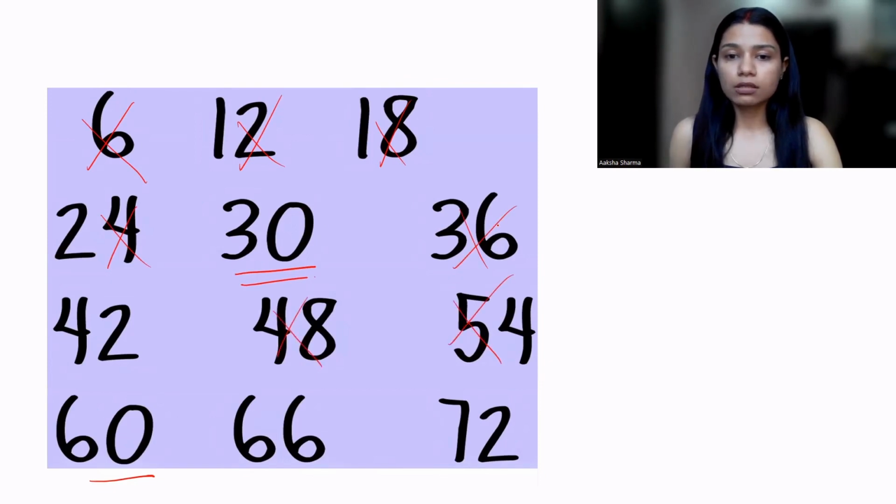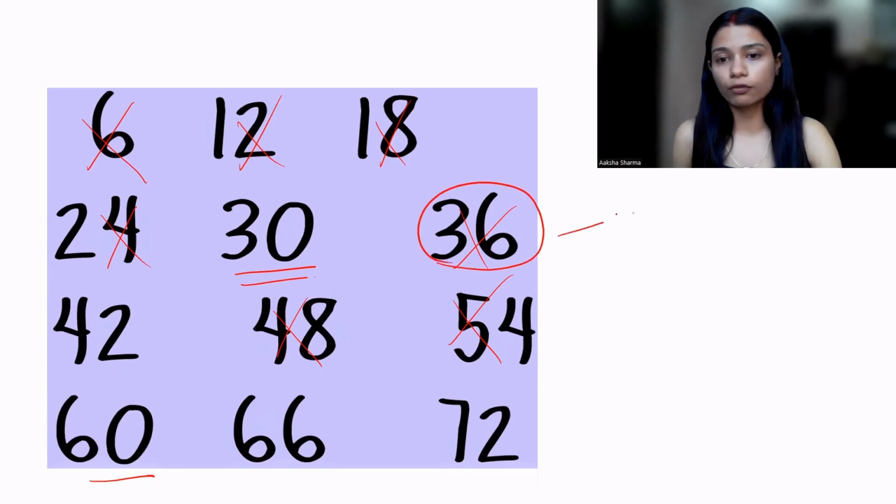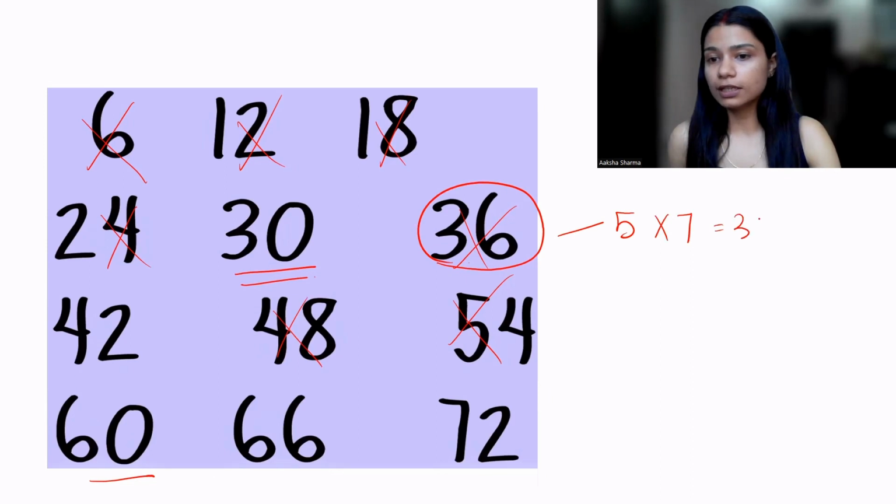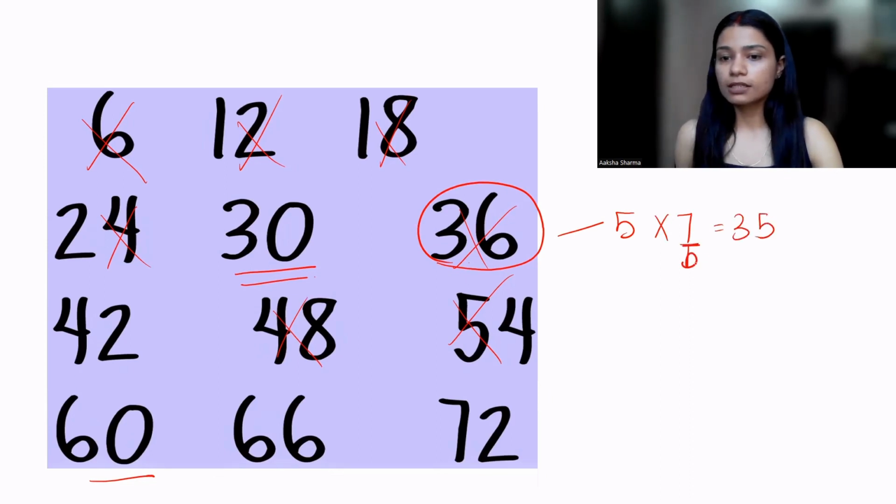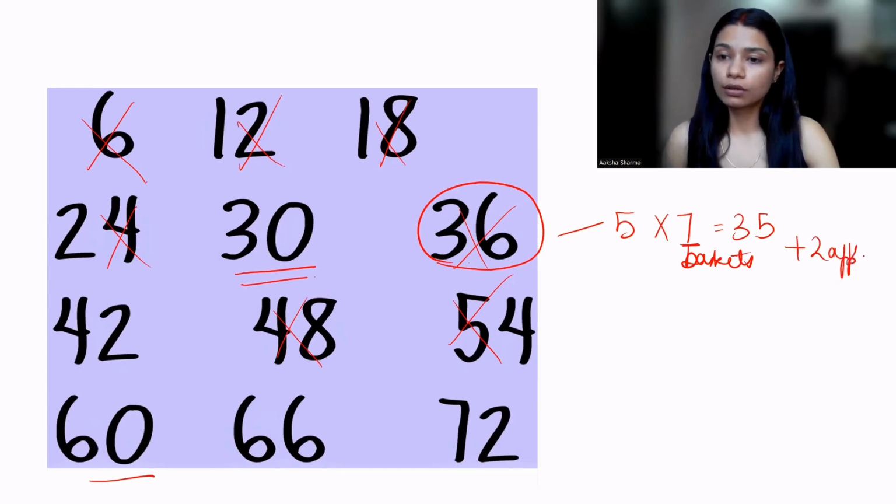So if supposedly Alice tries to arrange 36 in groups of 5, 5 times 7 will be 35. So there will be 7 baskets, but there will be 2 apples left out, right? Since one extra apple is also there.